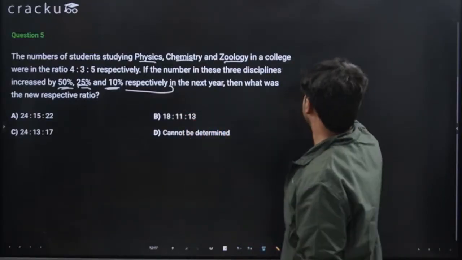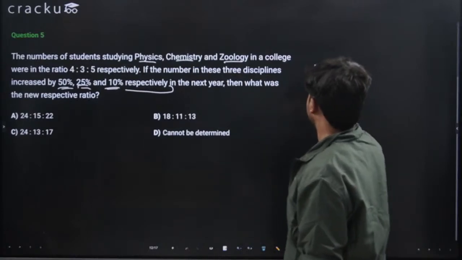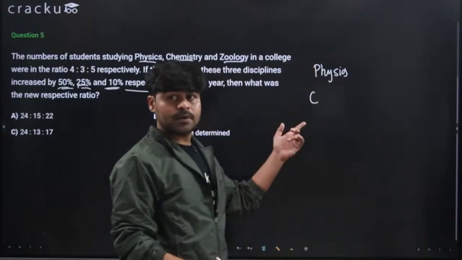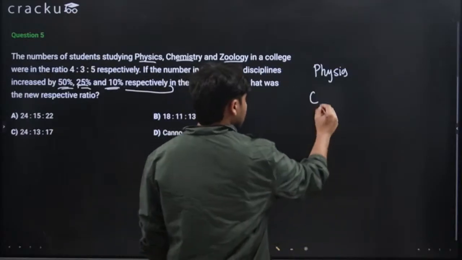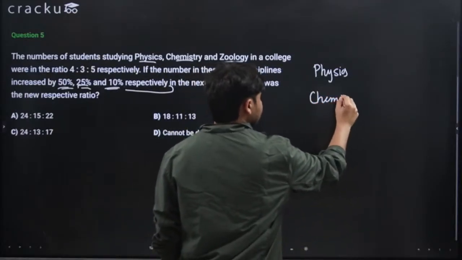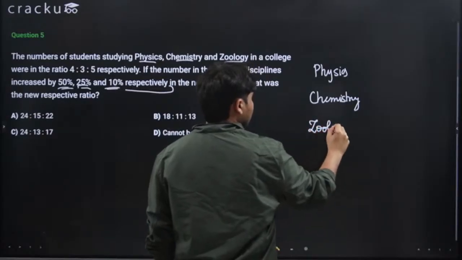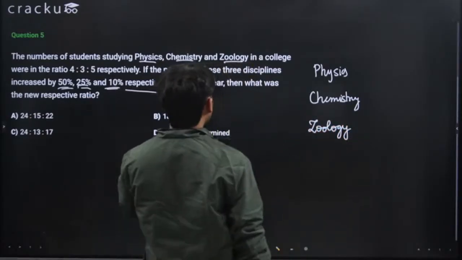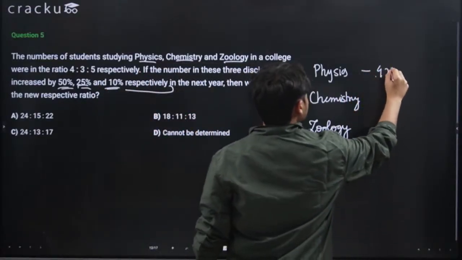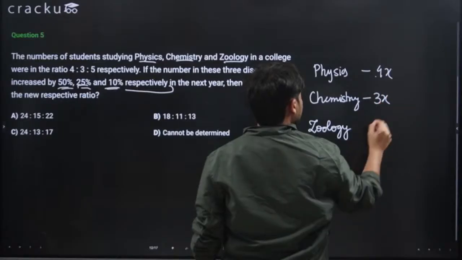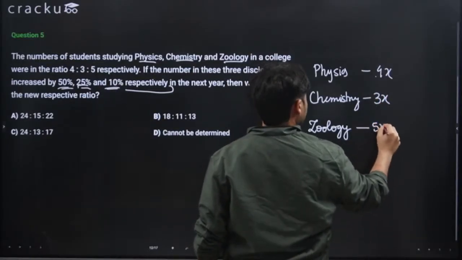So we know that physics, chemistry, and zoology. The physics people are 4x, the chemistry people are 3x and the zoology people are 5x.